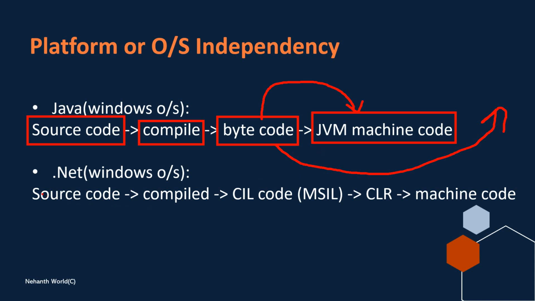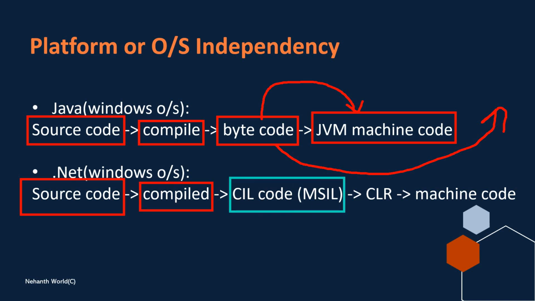In case of .NET also there will be source code. When we compile that source code, it will generate CIL code, which is Common Intermediate Language Code. Earlier we used to call it MSIL, Microsoft Intermediate Language Code. Now if you want to execute this code inside any operating system, it will not directly execute.